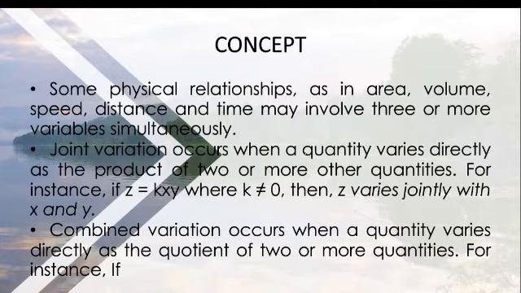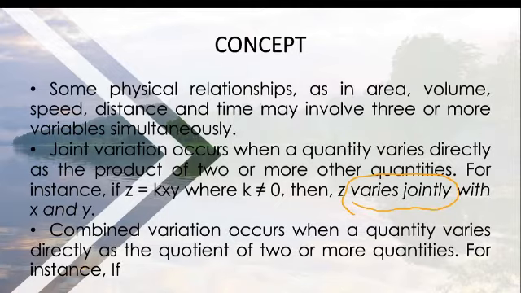In this type of variation, we use the phrase varies jointly. So the equation z = kxy is the same as the statement z varies jointly with x and y.